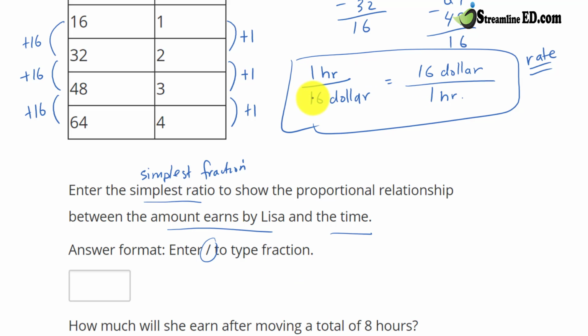We have 1 over 16 or 16 over 1. In this case, both of them will be correct, but it asks for the amount earned by the time. So we have 16 over 1 or just 16. So that would be the simplest form in terms of the ratio that represents the relationship between the amount of money earned by Lisa versus the time.